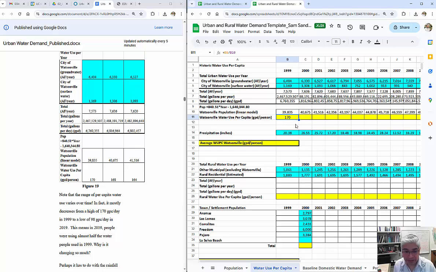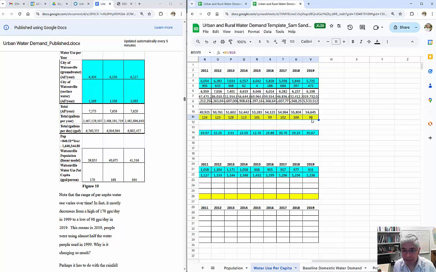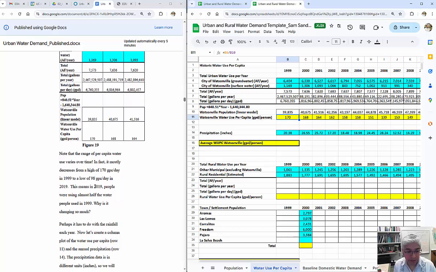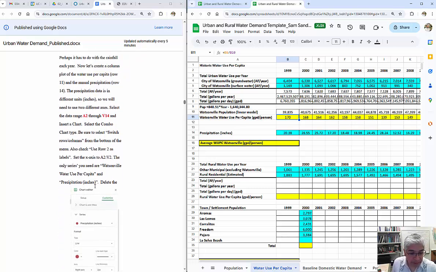In this case we have 170, and by 2019 they are using 98 gallons per person per day. So now you can see that we are going there.